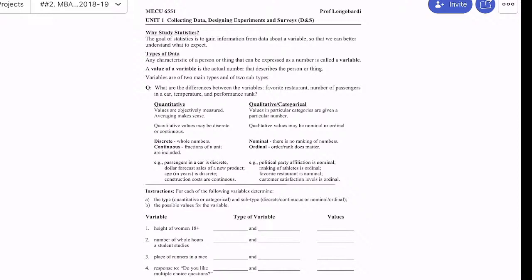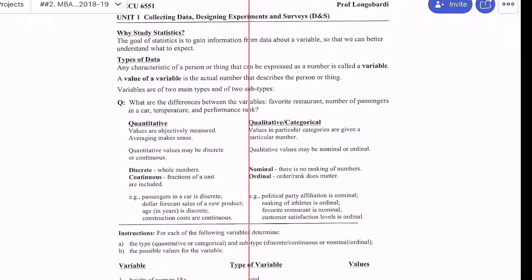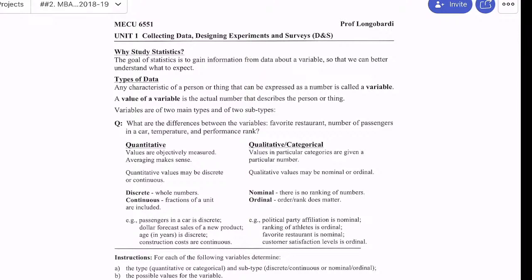So these are the notes we're going to work with today. I'm wondering if I should say something about the syllabus.